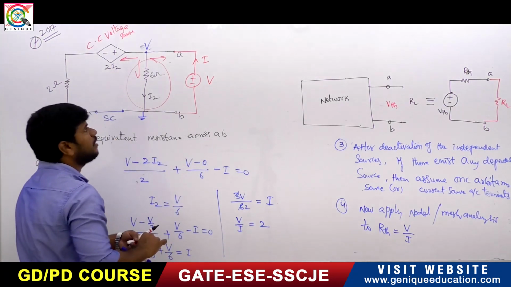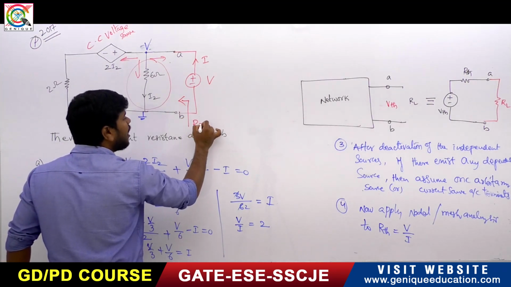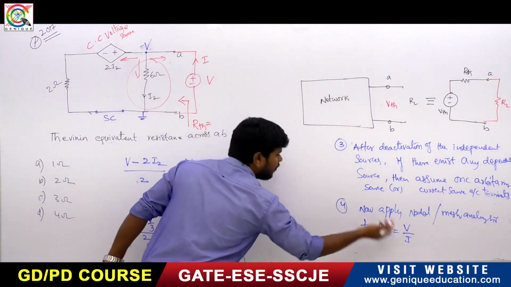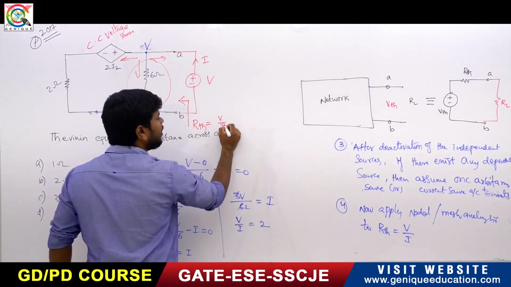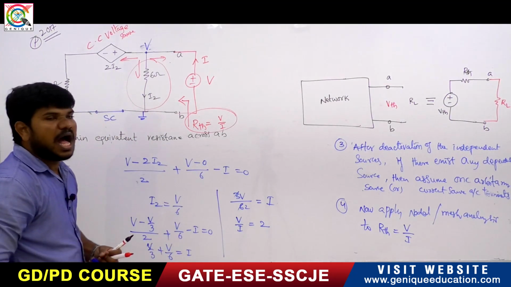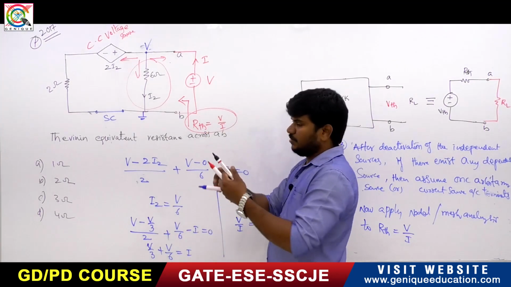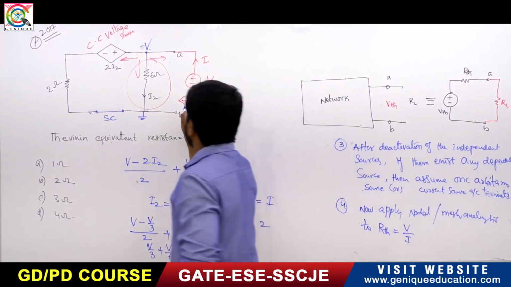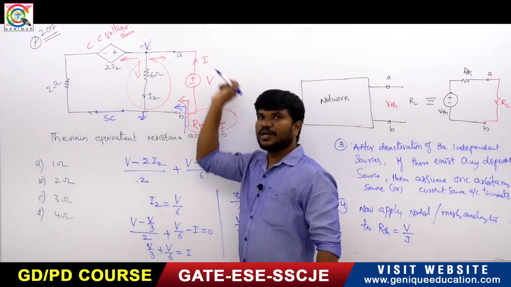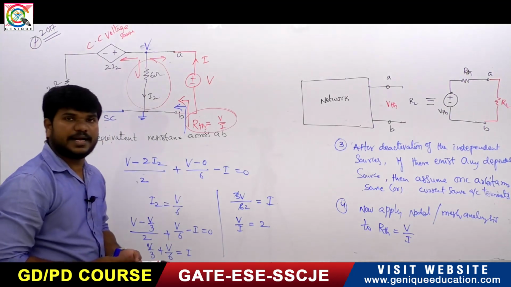What is V by I? We have to find the equivalent resistance, the R Thevenin. So RTH is V divided by I. The R equivalent is nothing but the Thevenin equivalent looking into these two terminals. This is the important point you have to identify.